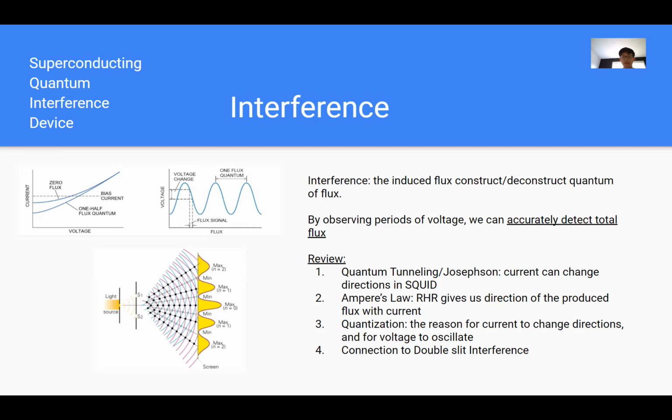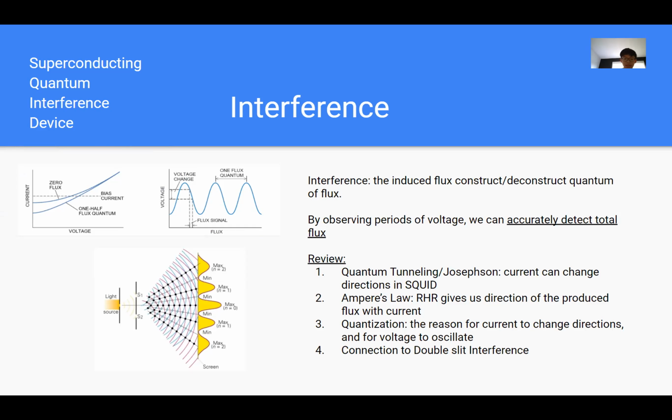But if you get a certain flux, it will go down and it will also go up, if it's increasing and oscillates and so on. And the voltage has that relation to currents. So we can also graph voltage to flux, and we get this sinusoidal wave that is oscillating.